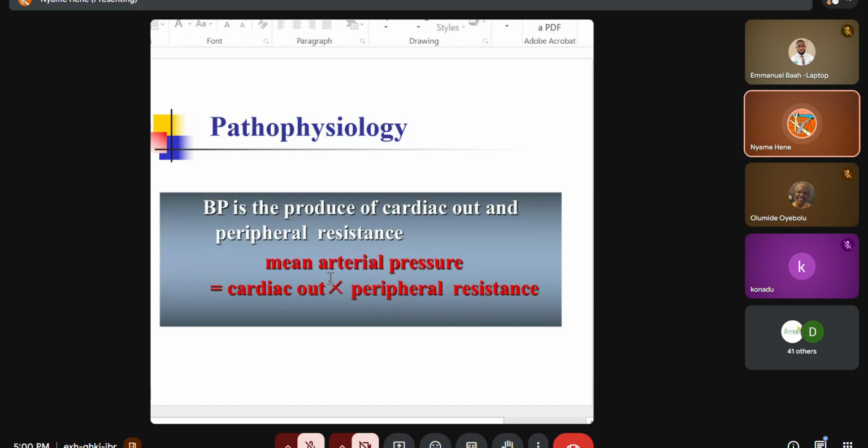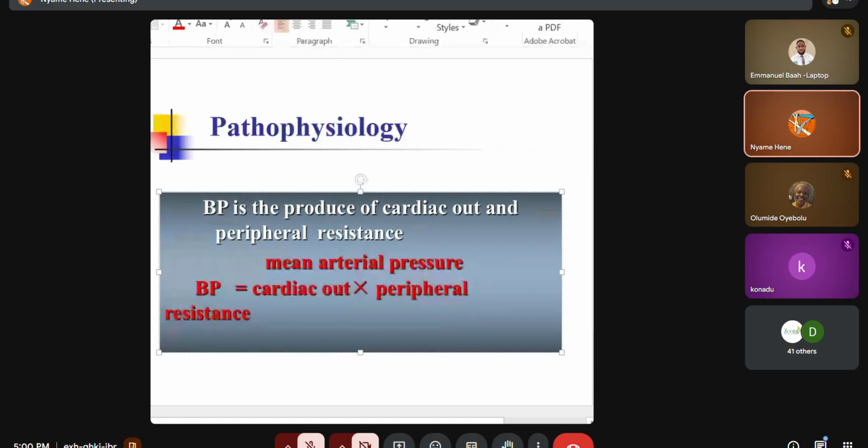So what does it mean? It means that BP, let's imagine BP over here. Can I even write there? Okay, let me see if I can write there. BP over there.